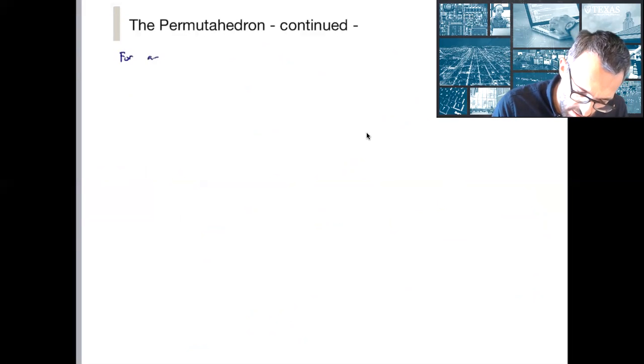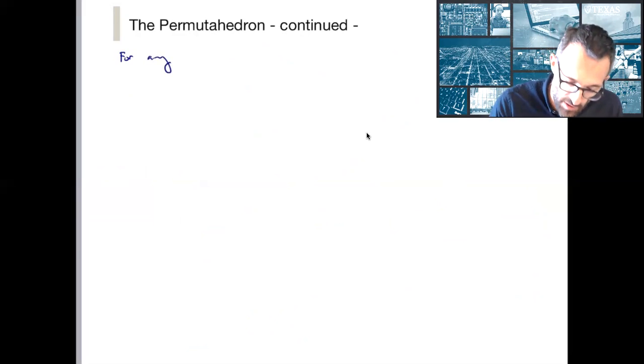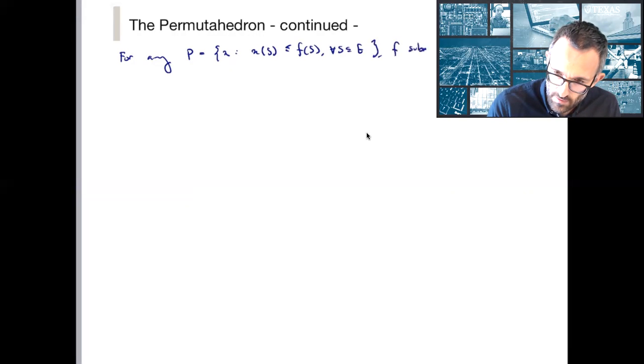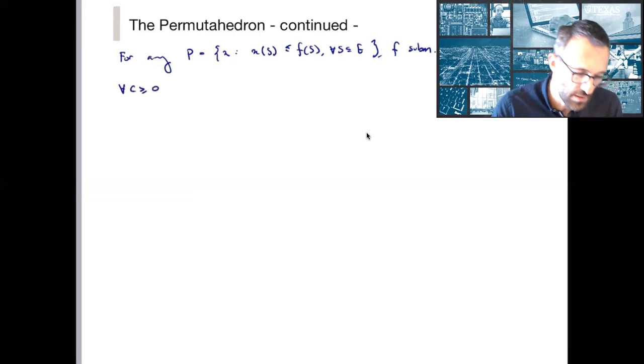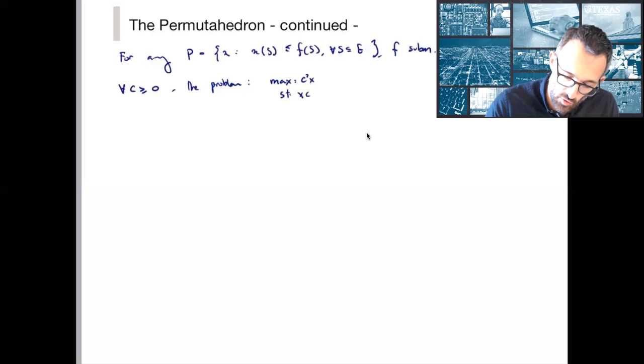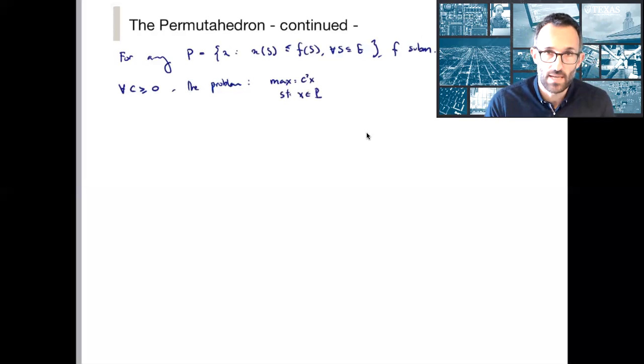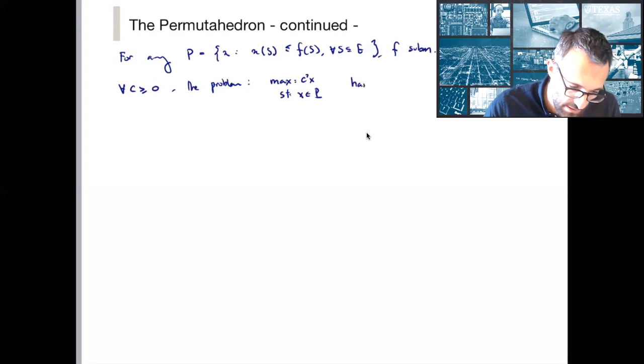For any polymatroid, so for any P that's again equal to what we just wrote, x of S less than or equal to f of S for any S subset of E, f submodular, and for any vector C that's non-negative, the LP maximize C transpose x subject to x in P has a solution that we can write down explicitly.